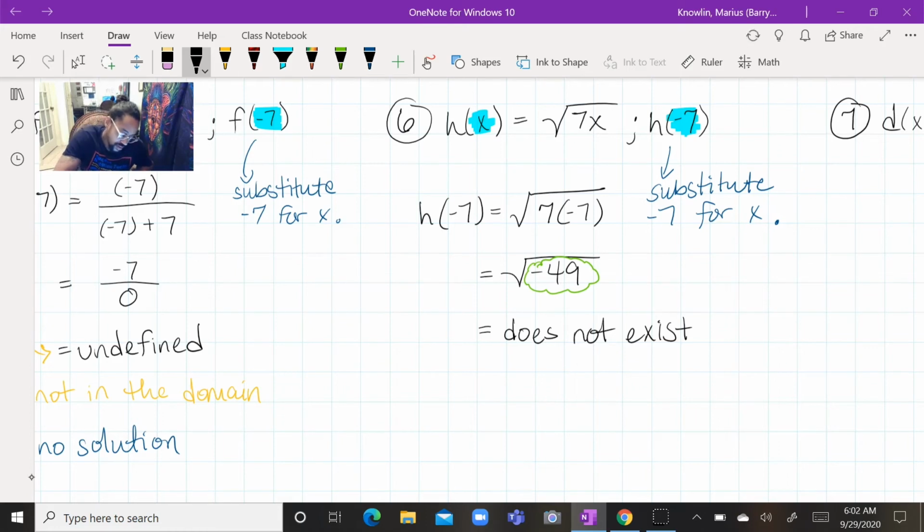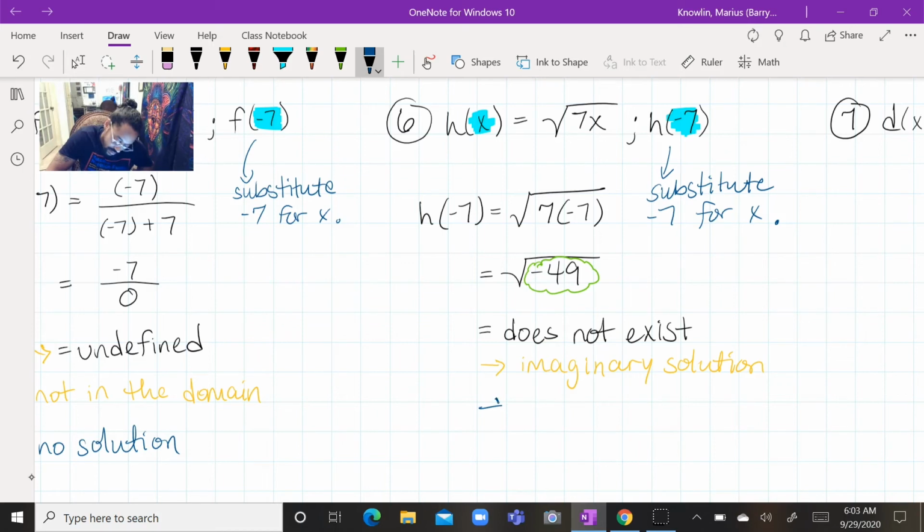So this is what we would also call an imaginary solution. Either way, this is not in the domain.